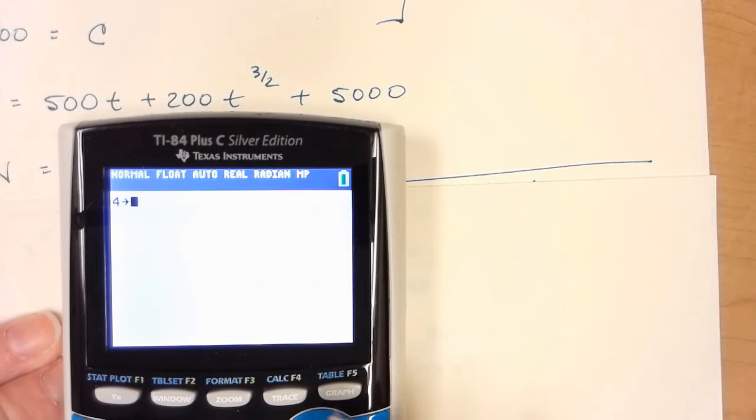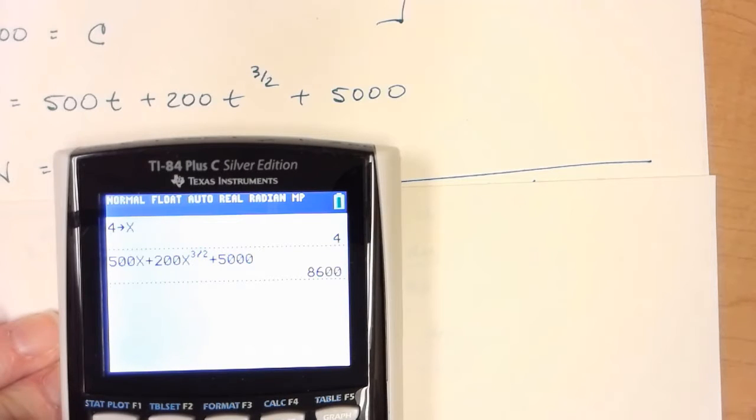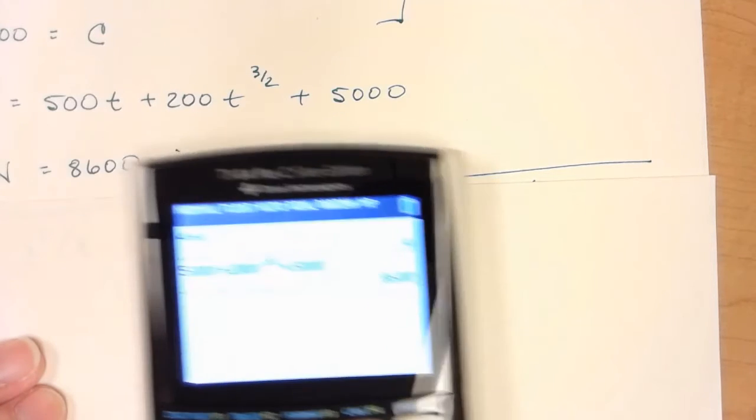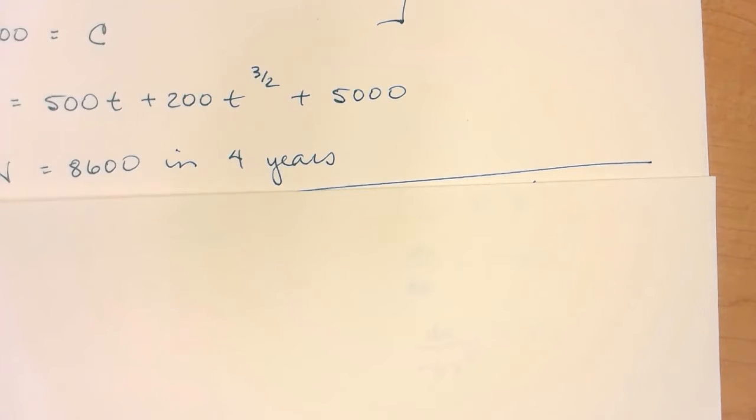So 4, I'm going to use x instead of t, so 500x plus 200x raised to the 3 divided by 2 plus 5,000. So I'm saying that the population 4 years later was 8,600. Okay, so that was problem number 10.